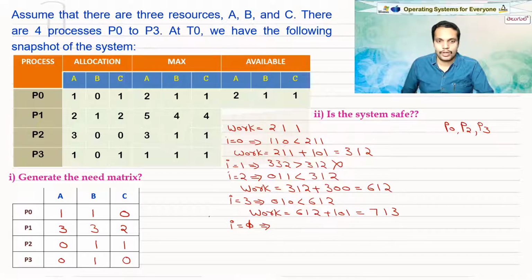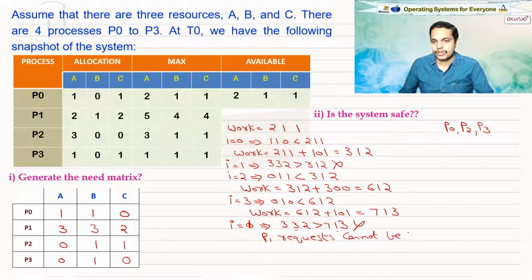I is equal to 1, whose need is 3, 3, 2, which is still greater than 7, 1, 3, because I don't have sufficient resources of category B. So I cannot grant this request, and there is no safe sequence here because P1's request cannot be satisfied. So I say that this system is currently in an unsafe state.